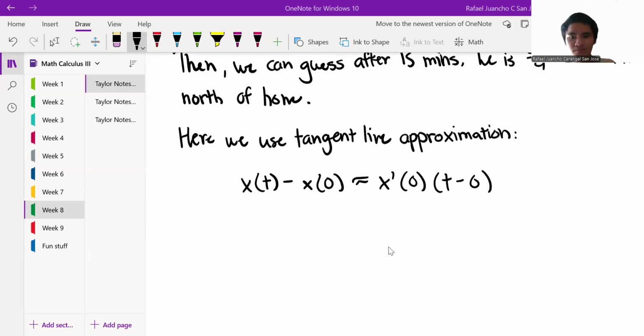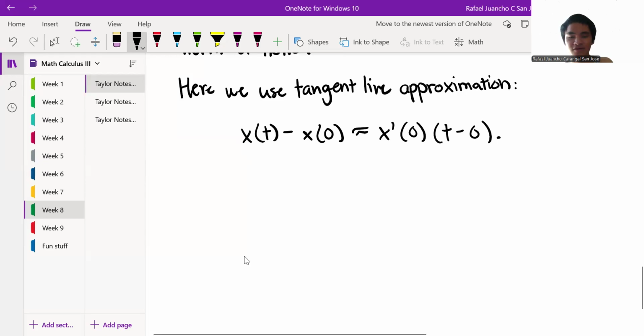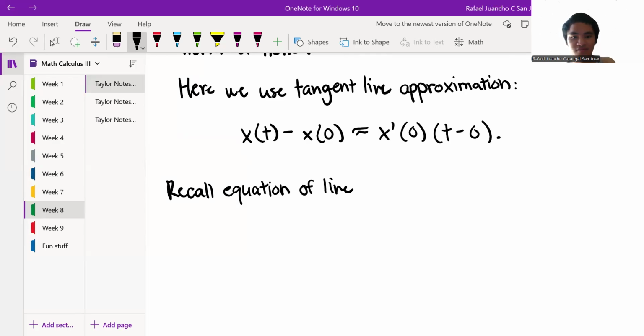Okay, now this is a more general thing. Now I'm gonna skip this. So we recall the equation of a line, or a linear equation, right? Y equals mx plus b. And we're gonna say this line equation is tangent to some graph, y equals f of x. We're gonna go with 2D stuff here.